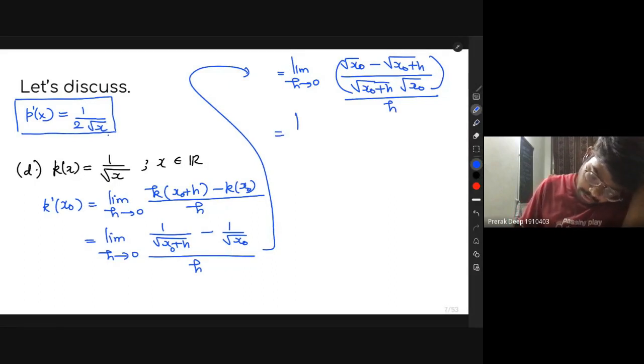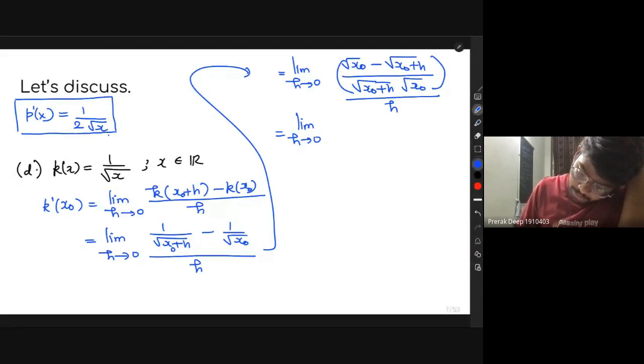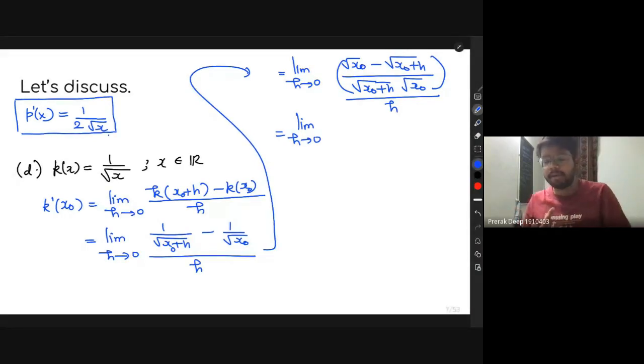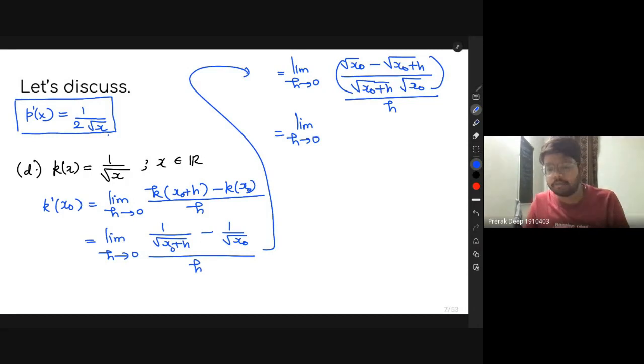Now this whole thing is, again, I am getting a factor in terms of a square root in the numerator. So I want to get rid of that part. So what I do again, I multiply the numerator and denominator by a factor with a positive sign, so that the numerator becomes a square minus b square type.